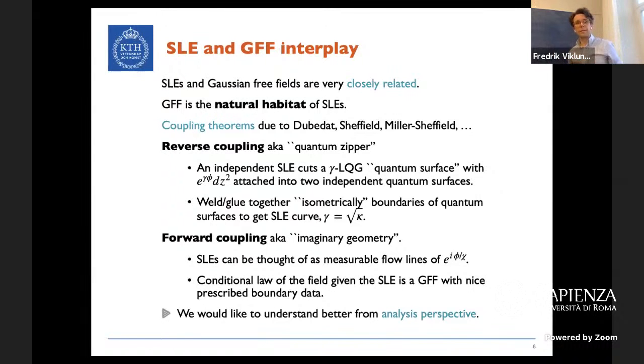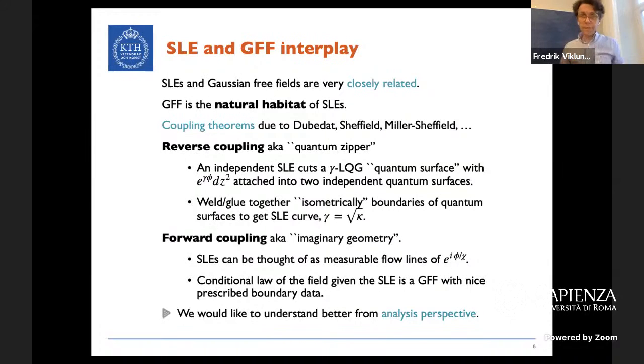Okay, so the other type of coupling is very different. This is often called the forward coupling or imaginary geometry framework. So here the SLE is not independent from a field, but rather it's actually a measurable function of the field. So very loosely speaking, heuristically, we can think about the SLE as being a flow line of a vector field that is somehow gotten from the GFF. Of course, this doesn't make literal sense, because the GFF is not a function, it's a distribution, but somehow one can still make sense of this.